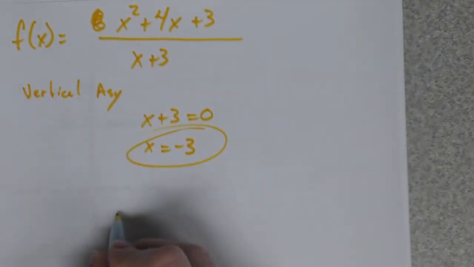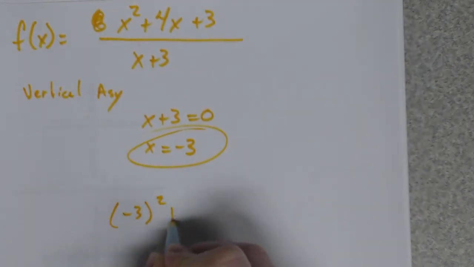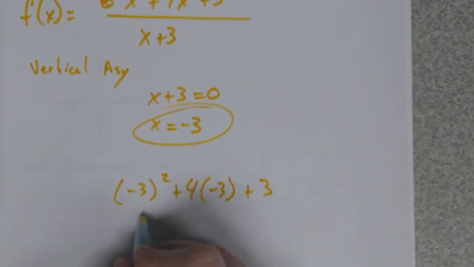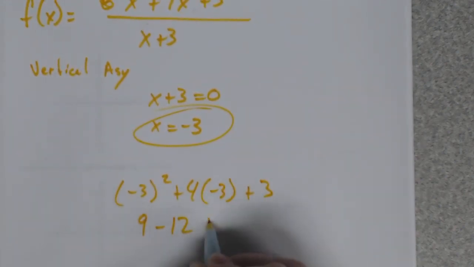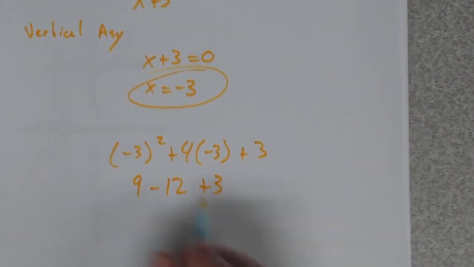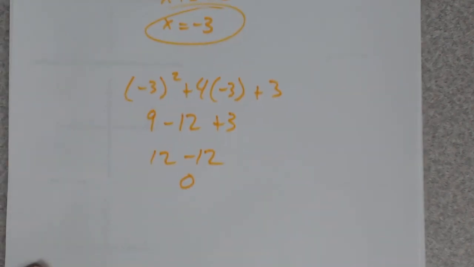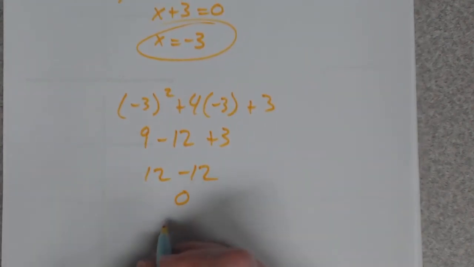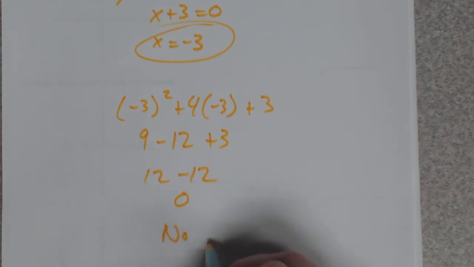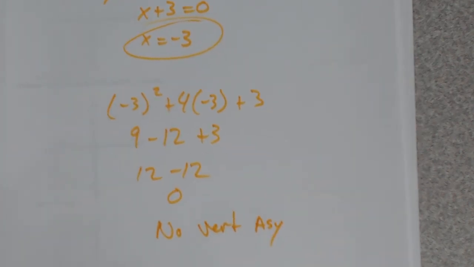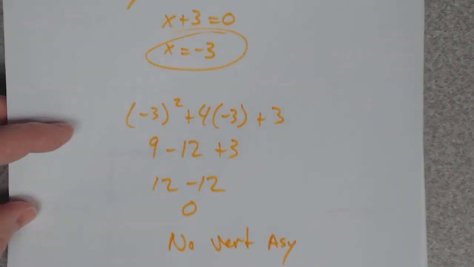So negative 3 squared plus 4 times negative 3 plus 3 is 9 minus 12 plus 3. 9 plus 3 is 12, minus 12, 0. If that occurs, there is no vertical asymptote.